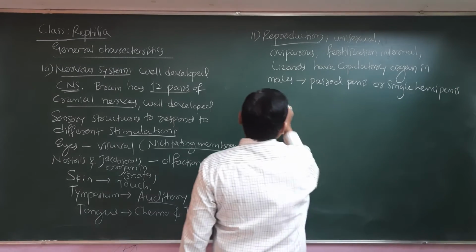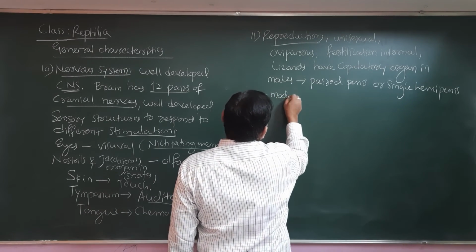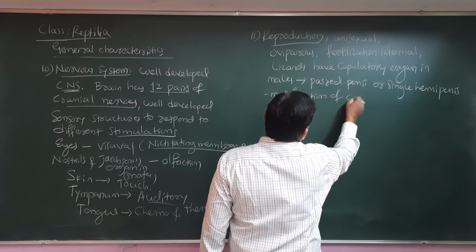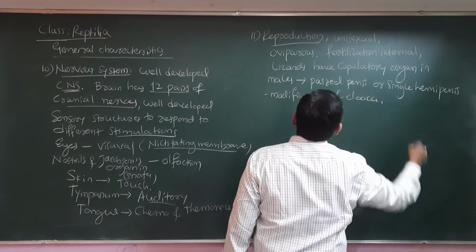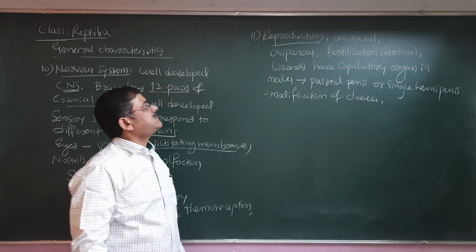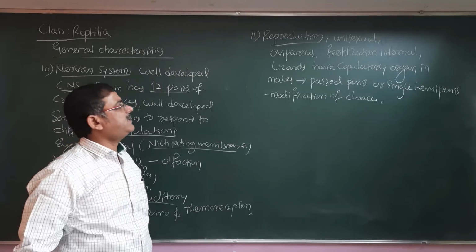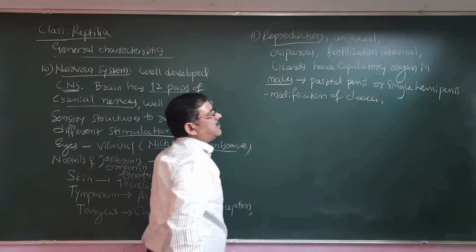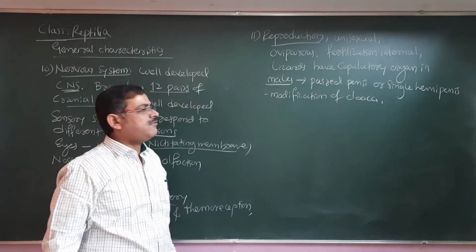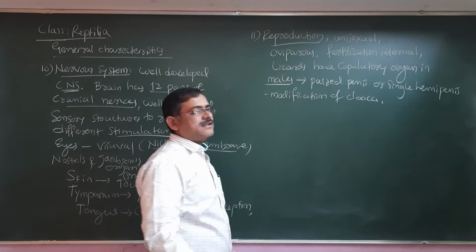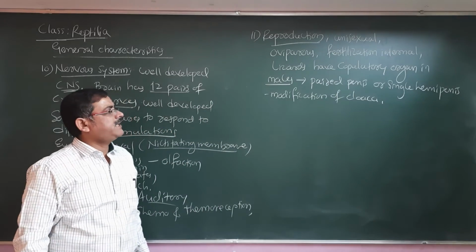It is mainly a modification of the cloaca. So they are mainly oviparous. Fertilization is internal. Lizards have the copulatory organ mainly in the males, a paired penis or a single hemipenis, which is a modification of the cloaca meant for copulation.